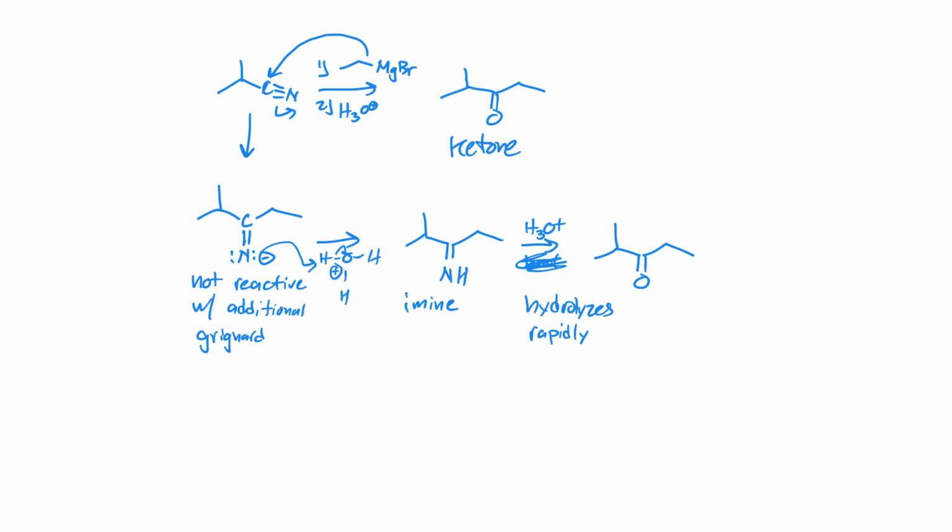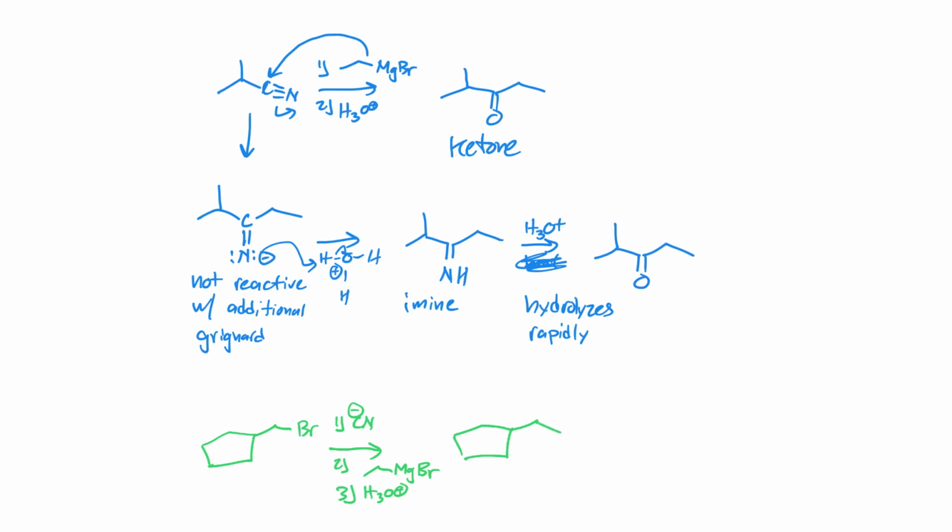So let's look at another example of how this might be useful. Here's my other alkyl halide, and I'm going to react this with CN minus, and then with a Grignard reagent. Of course you can use just about any Grignard reagent. You're not limited to ethyl Grignard, certainly.